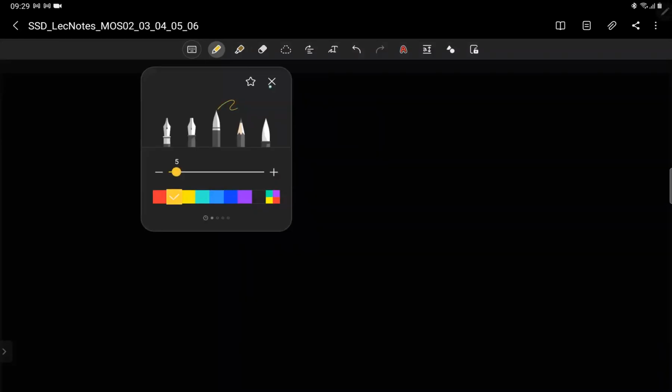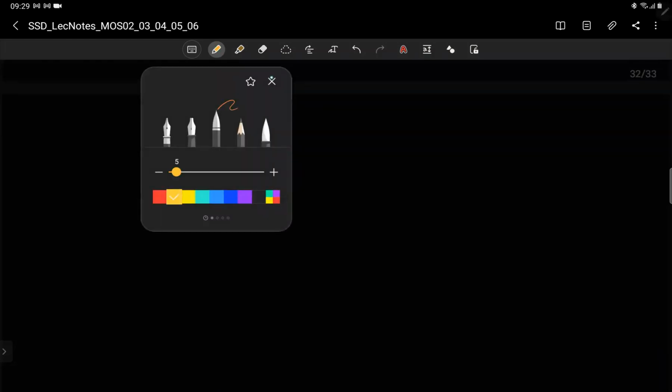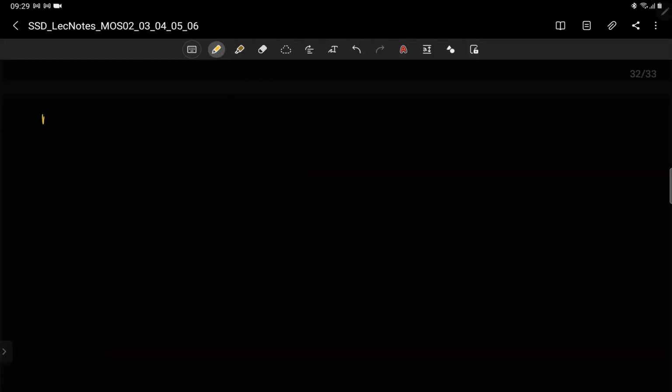Before that let me give you motivation. We have seen that MOSFET is the goal for us because this is the transistor that is mostly used.